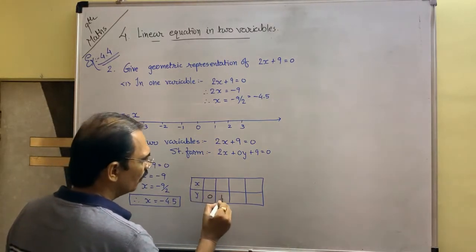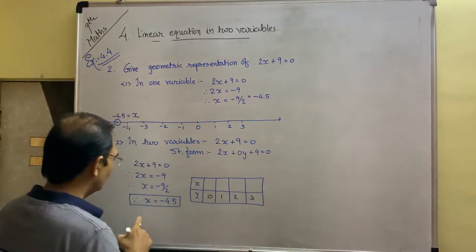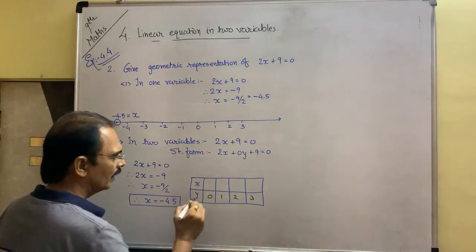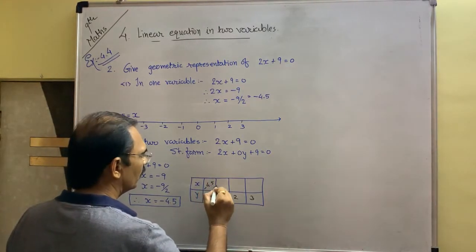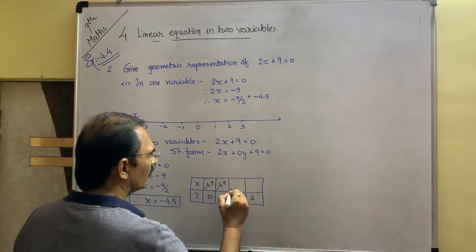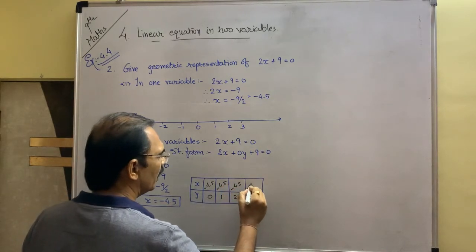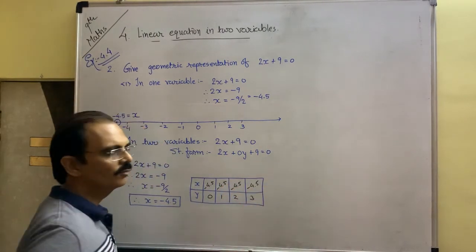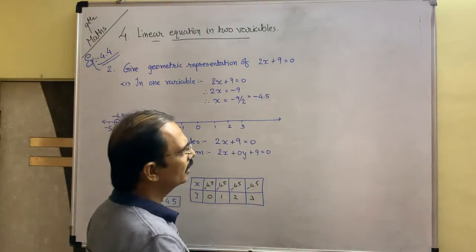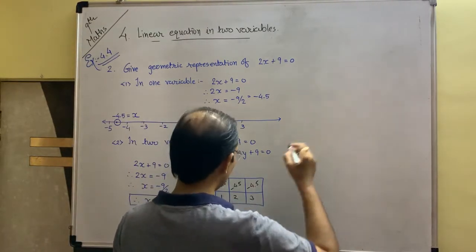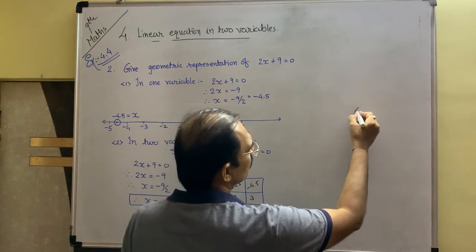I like 0, 1, 2, 3. And x remains the same, that is minus 4.5, every time the same. And now draw the graph. X is negative, y needs positive.